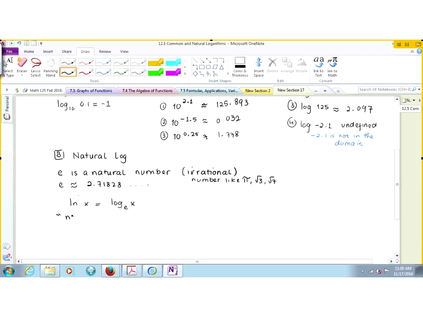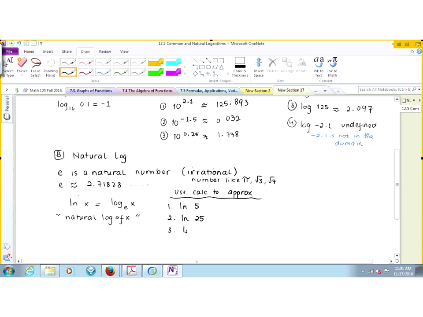So ln x is read as the natural log of x. It's log base E of x. Now let's use our calculator to approximate. What is ln 5?